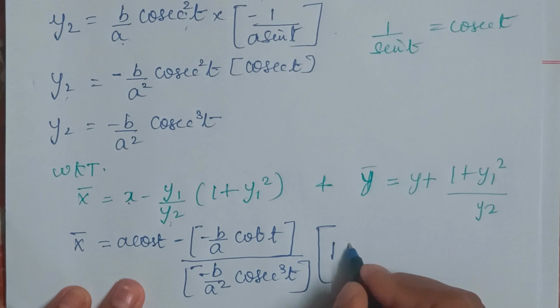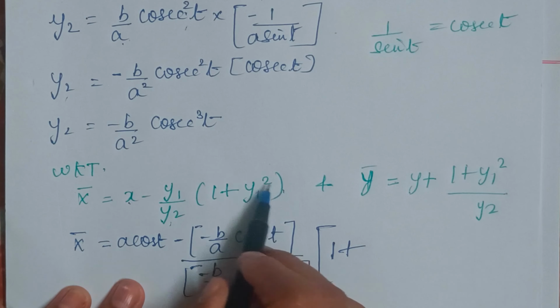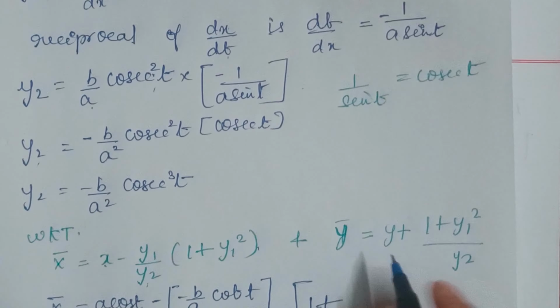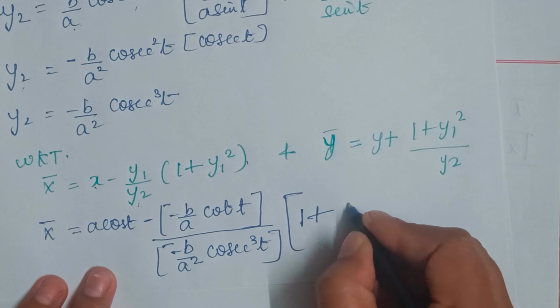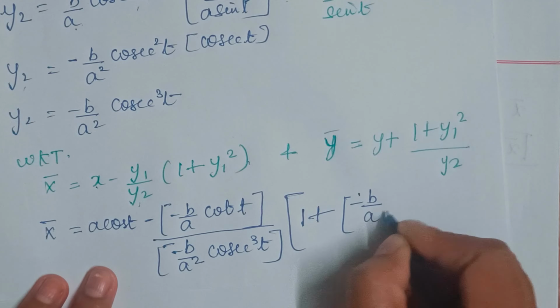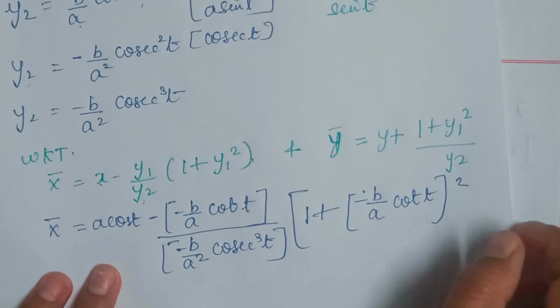1 plus y1 square. So what is y1? y1 is minus b by a cot t. So the square can be written as minus b by a cot t the whole square, correct?